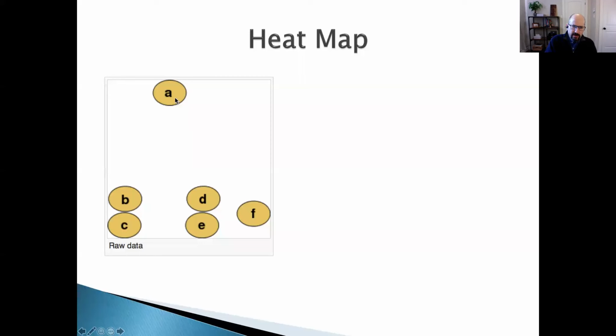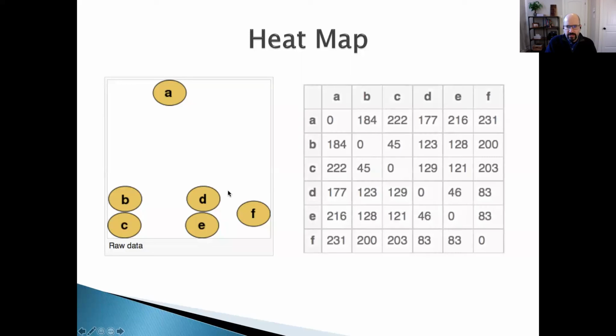So let's say I get a ruler and I measure these distances and I'm going to create a table like that. Let's say this is centimeters, for example. So the distance between A and B is 184 centimeters, but the distance between A and F is 231, okay?